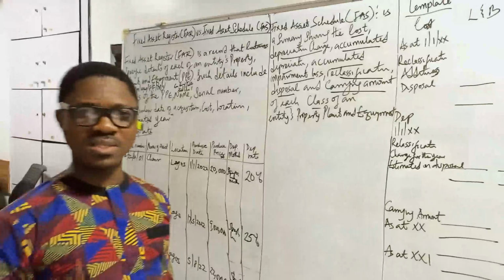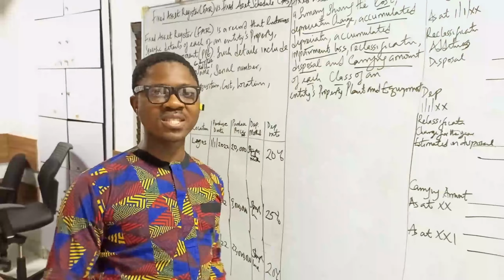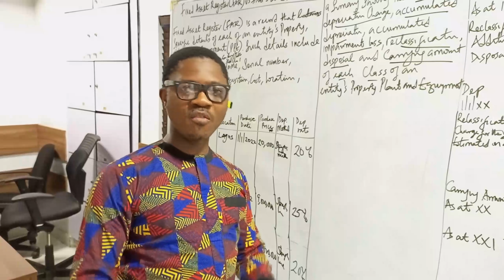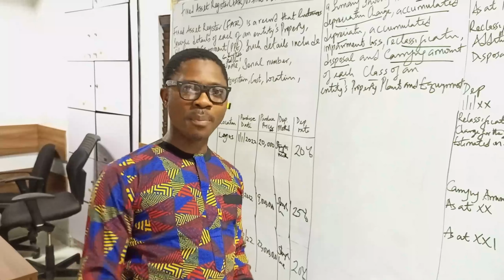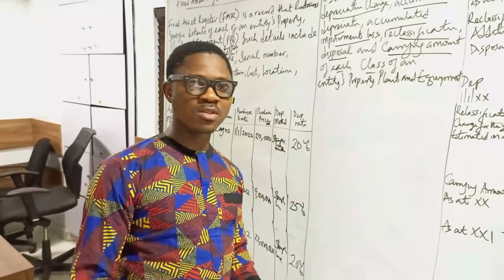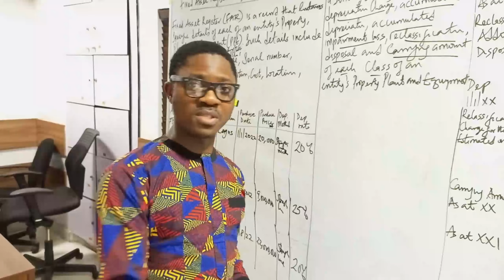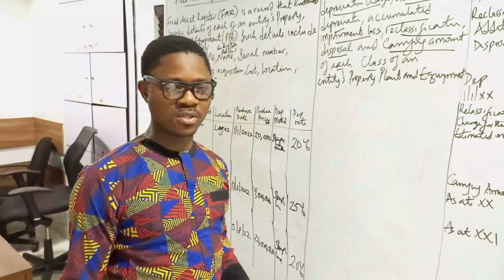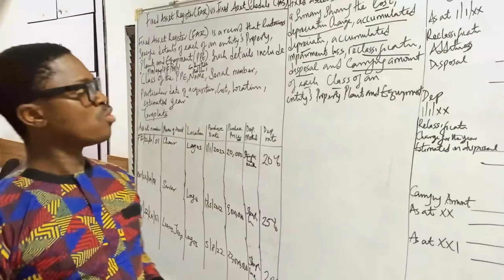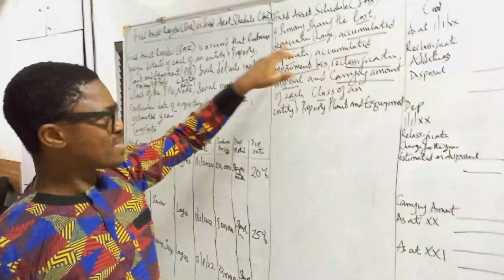It was mentioned that fixed asset register shows the details of each asset of an entity's property, plant, and equipment. And it was explained that the details include the cost, location, depreciation rate, and other things. While fixed asset schedule helps to show the cost and depreciation charge.